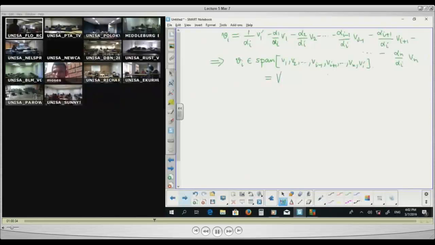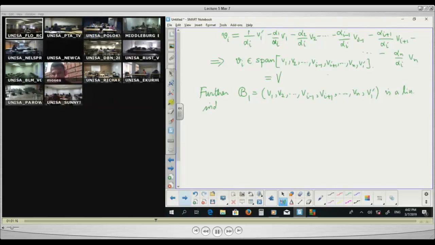Further, is a linearly independent list such that, okay?